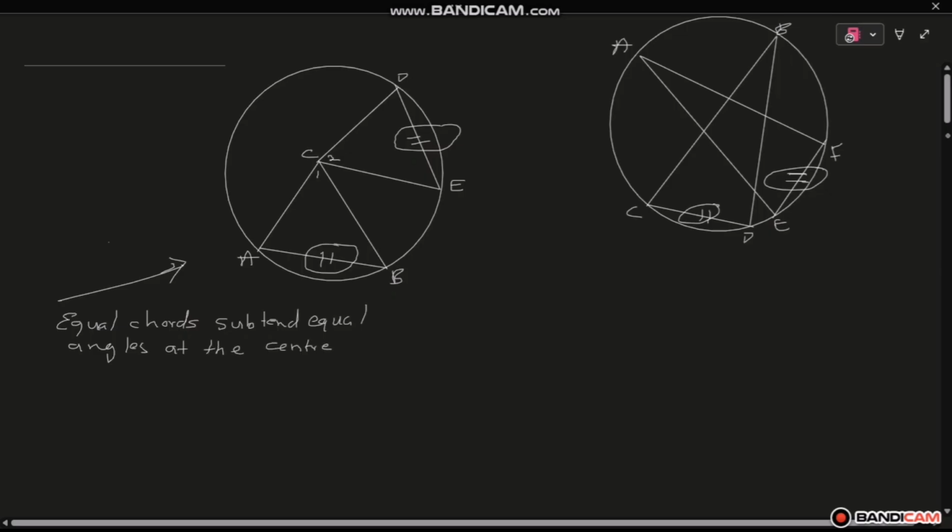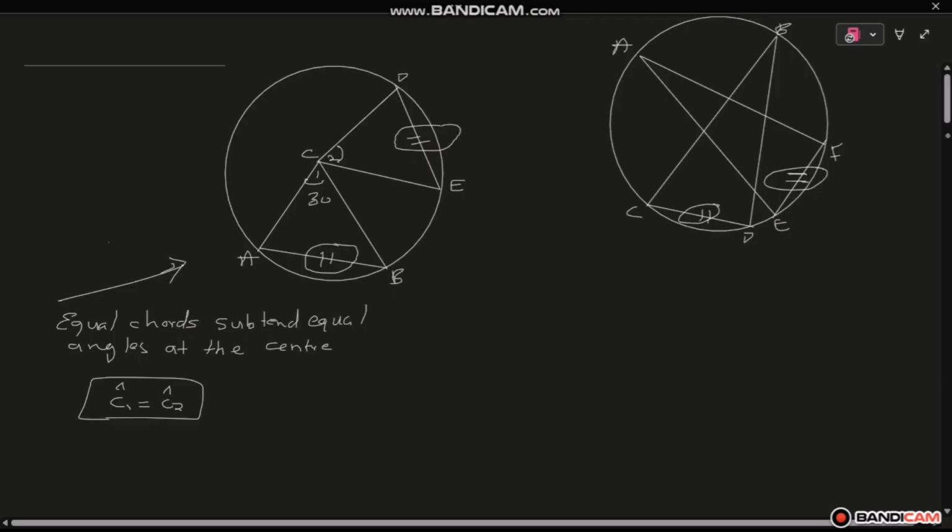They are meeting at the center, meaning these chords form equal angles at the center. So angle C1 is equal to angle C2 because of that theorem.